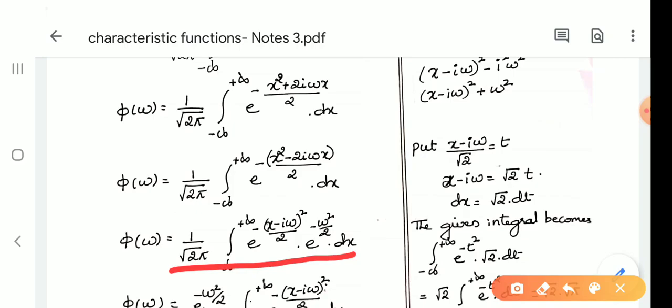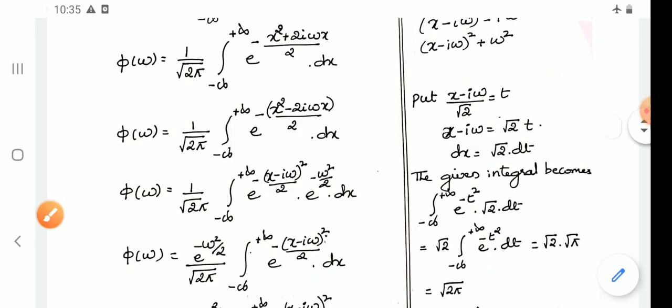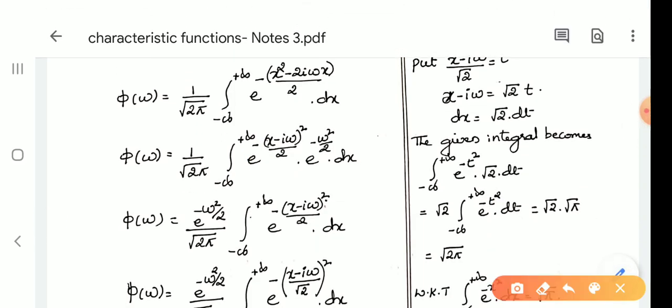minus x minus i omega whole square by 2, and because of this minus sign, this plus becomes minus omega square by 2 dx. So, if you see, this e power minus omega square by 2 is a constant and it is free from x.